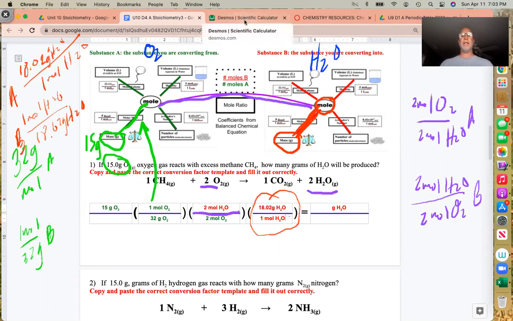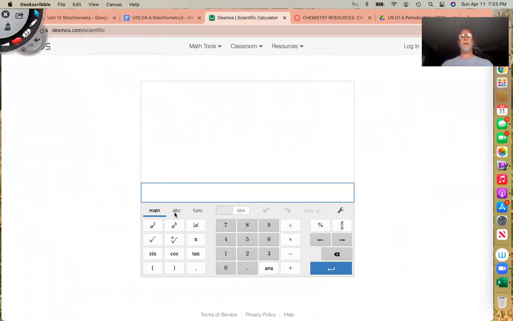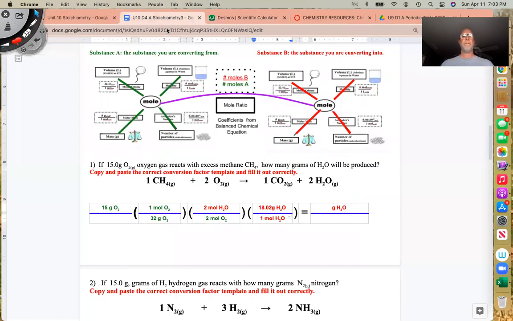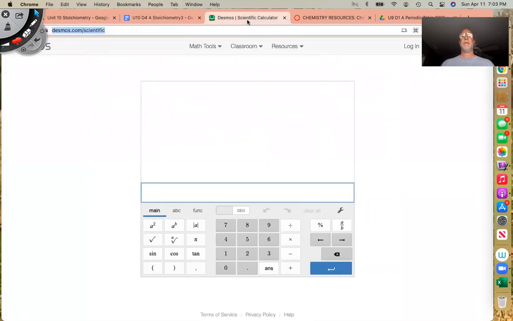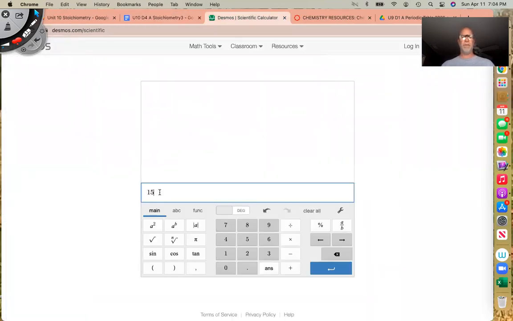Now we just need to get our calculator. You can see we have 3 parentheses. All right. So the first thing I'm going to do is say, where am I starting? 15. So I'm going to put in here 15. And then you can see that I have 1, 2, 3 sets of parentheses. What goes in the first parentheses?